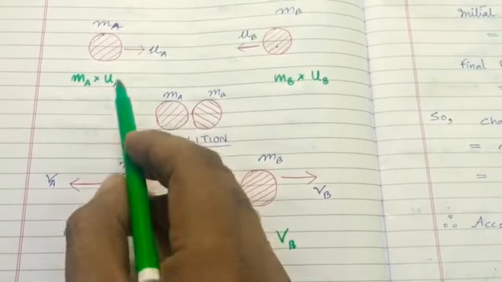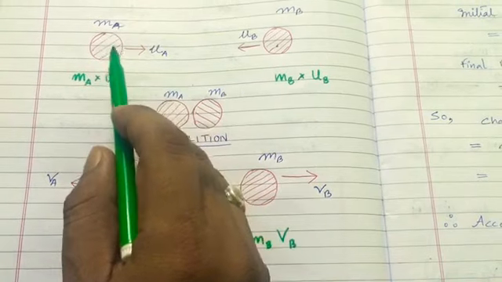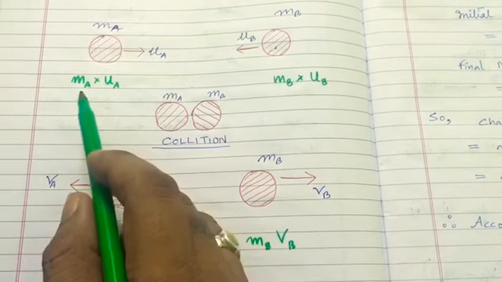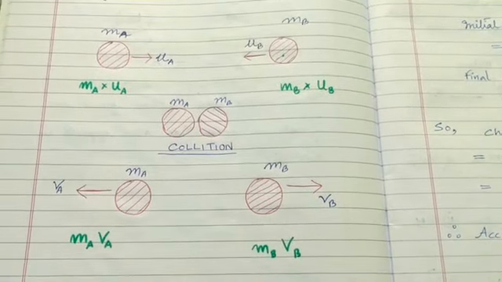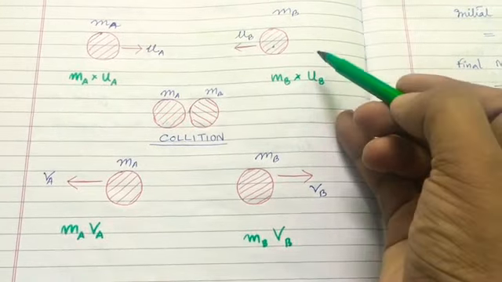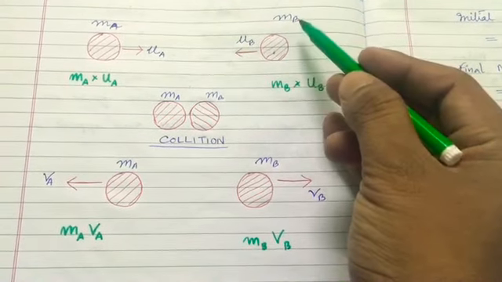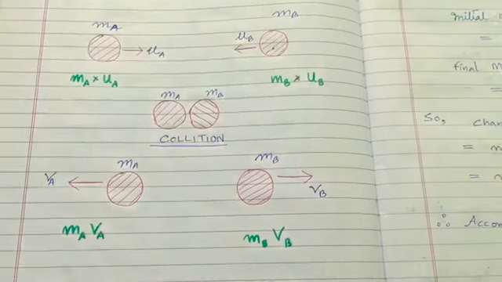Now the momentum of this MA ball, means ball number A, will be MA into UA. We know the formula for momentum, isn't it? Similarly, momentum of this ball will be MB into UB. Clear?